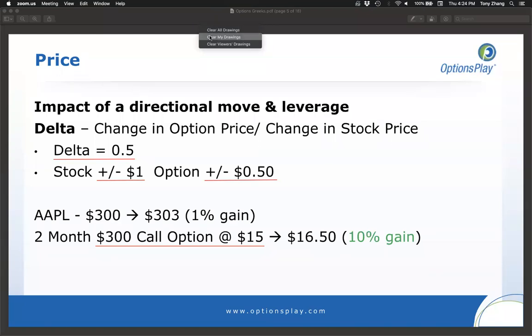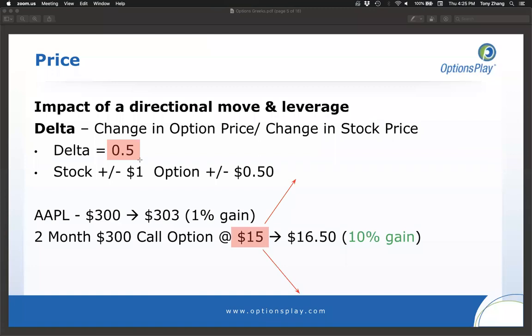Now, the reason I say this is the most important Greek to understand is that delta is the Greek that has the largest impact on your option price. When you buy an option that costs $15, the thing that's going to move this option price higher or lower by the largest factor is delta, because as you can see, delta here has a factor of 0.5, which is fairly large.